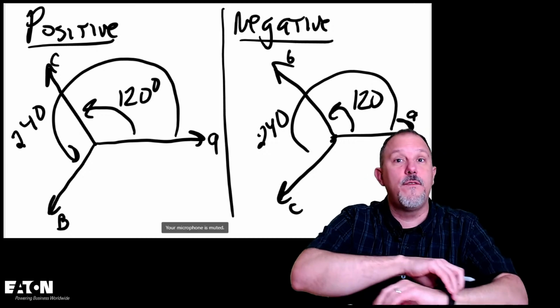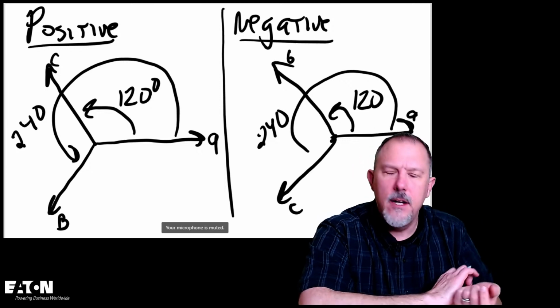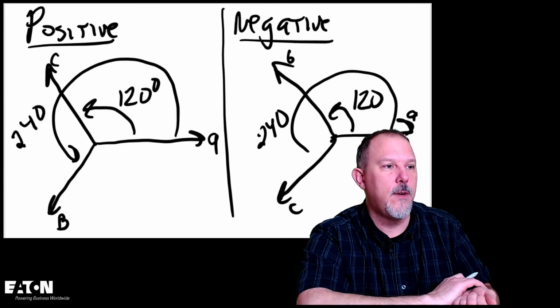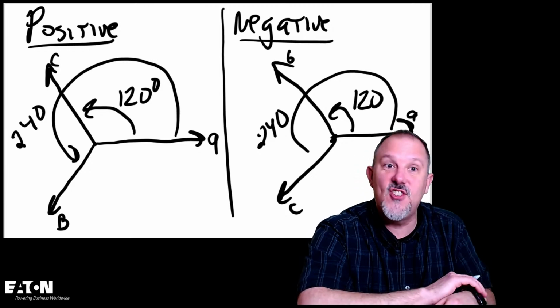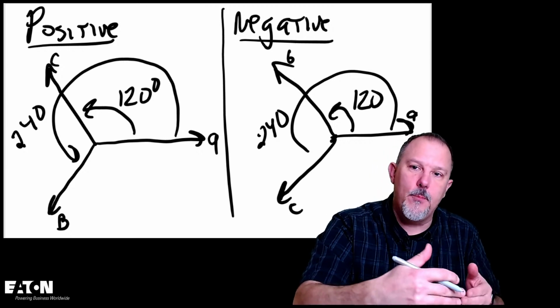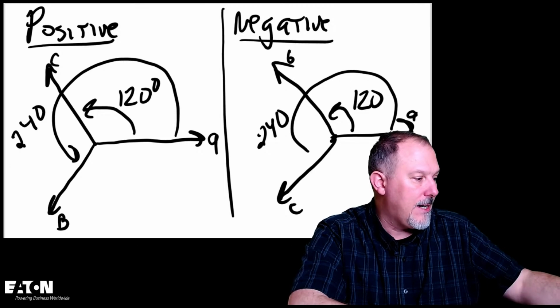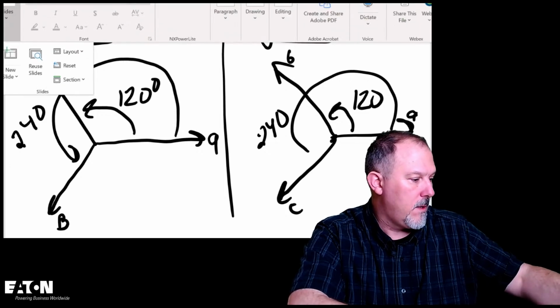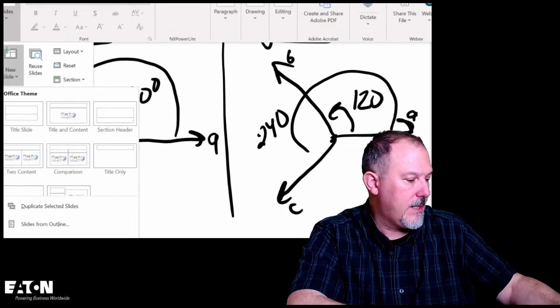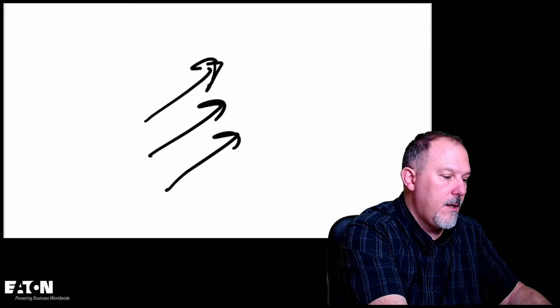Now, it wasn't until C.L. Fortescue, I don't know if C is for Chucky, or Charlie, or Calhoun, but it's C.L. Fortescue. He discovered and came up with the positive, negative, and then the zero sequence is basically, zero sequence is 1, 2, 3.